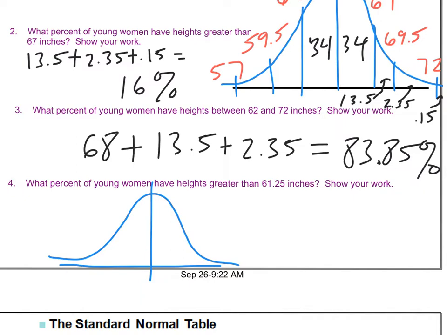I may want a piece of data that is 1.5 standard deviations away from the mean. That might be what I'm looking at, and that empirical rule doesn't really help. Okay? So here's what we end up with.